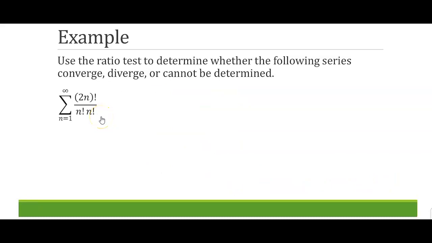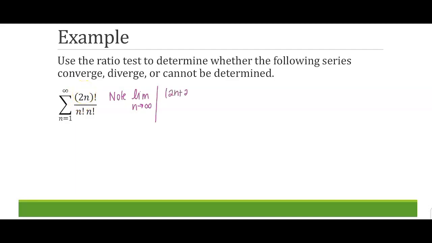In our last example for the ratio test, we have a lot of factorials going on, so we're going to be really careful when working with these factorials. We'll start with the limit as n approaches infinity of the absolute value of, in this case, if I plug in an n plus 1, I'm going to have 2 times the quantity n plus 1, which is 2n plus 2.